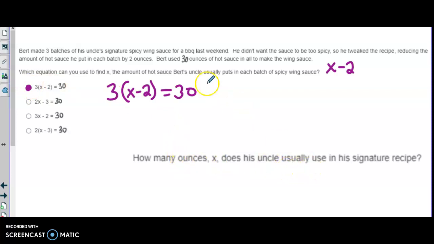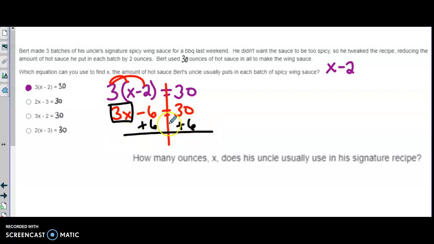And then how many ounces does he originally use? Let's solve it for X. So we're going to distribute. 3 times X is 3X. 3 times 2 is negative 6. And I'm trying to get the X by itself, so I need to get rid of the negative 6, which I'm going to do the opposite, which means I'm going to add 6 to both sides. And then I still have to get the X by itself, so I need to get rid of the 3.